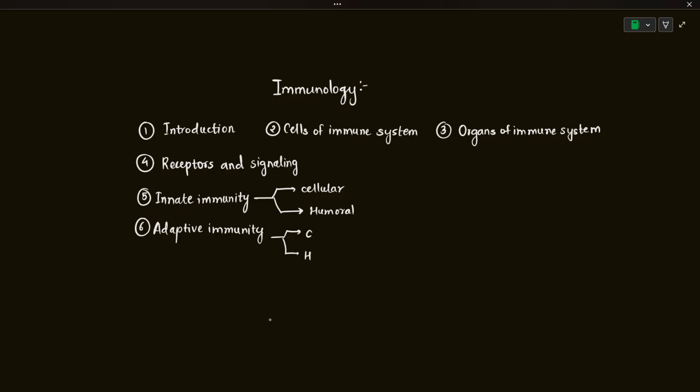So we will be discussing B cells, T cells, right? We will be discussing the complement system in detail, and it is going to take some time to discuss the complement system because we are going to cover that in great detail. Then we will also discuss B cells, okay, and T cells.